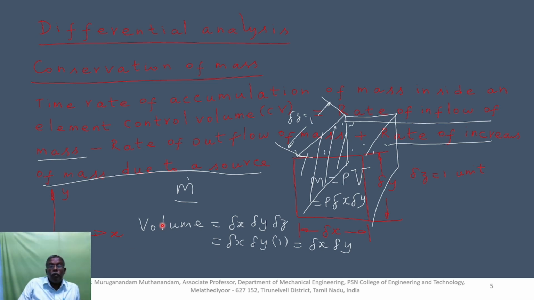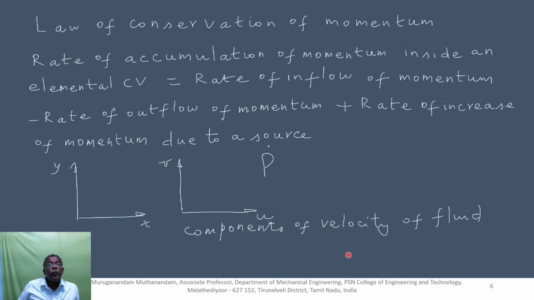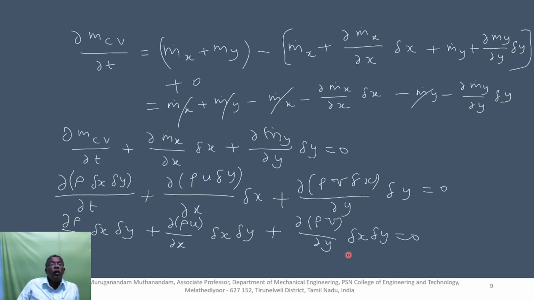What is that volume? It has distance along the x direction, horizontal direction, delta x, distance along the vertical direction delta y, distance along the z direction 1, hence the volume is delta x delta y. So that is the change in the mass of the fluid inside the control volume with respect to time.